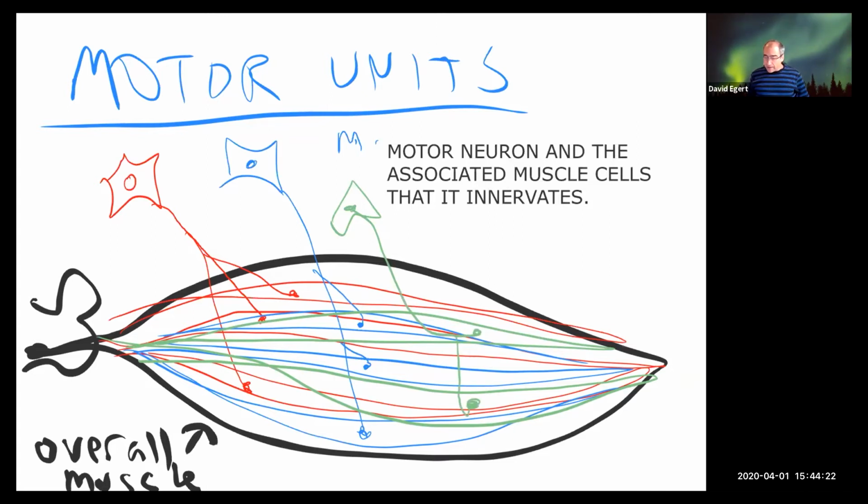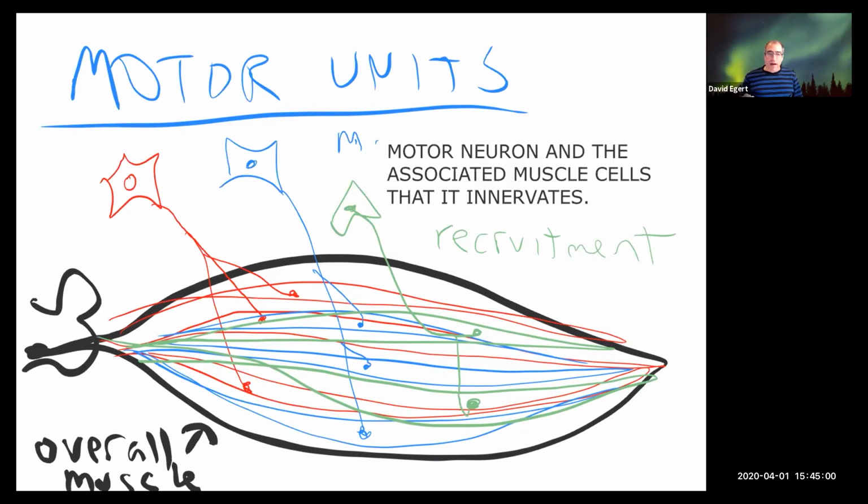So the basic idea here is, even though any particular muscle cell is either going to be pulling or not pulling, it depends on how many motor units are active. The term people use is recruitment. If you recruit more motor units, you're going to have a greater overall force generated by the whole muscle.